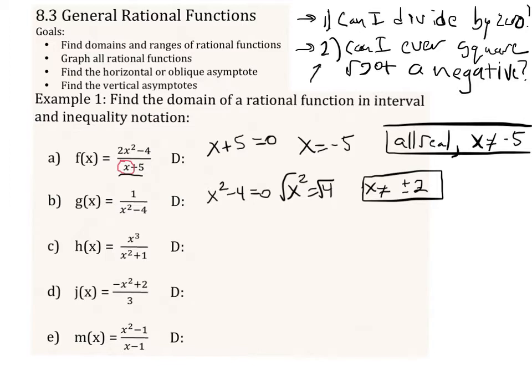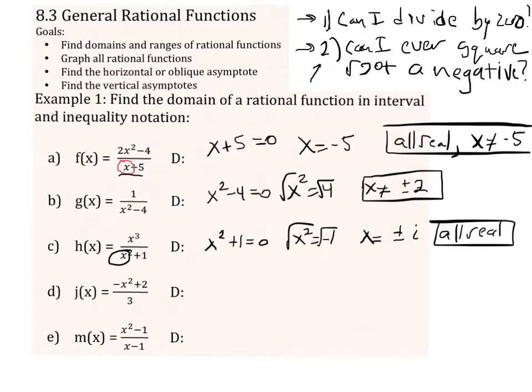Now in this one here, it's a little trickier, because when you get x squared plus 1, you set it equal to 0. So you get x squared equal to negative 1. Square root, uh-oh. I've got x equals plus or minus i, an imaginary number. What that means is that there's no real number that you could plug in here that turns our denominator equal to 0. So then our domain is just all real numbers.